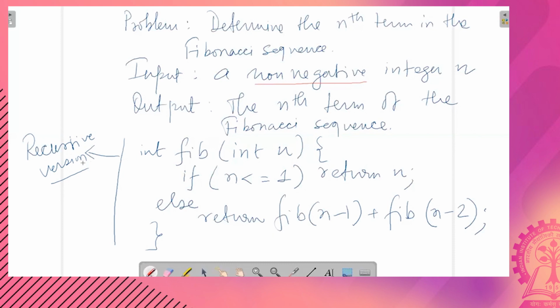Now, as you can already understand, this implementation or this way of finding the Fibonacci term has a caveat. And what is the caveat?